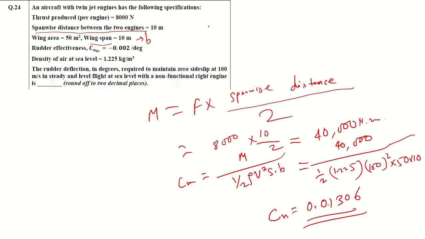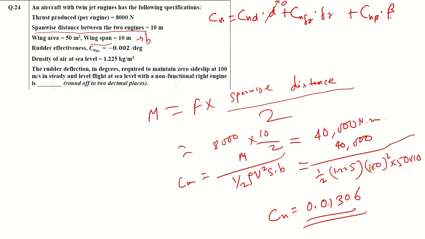Now we have the formula: Cn, the yawing moment coefficient, is equal to Cn alpha into alpha plus Cn delta R into delta R, the rudder deflection, plus Cn beta into beta. Alpha is 0 because it is straight and level flight, so the angle of attack is equal to 0 and that term becomes 0.